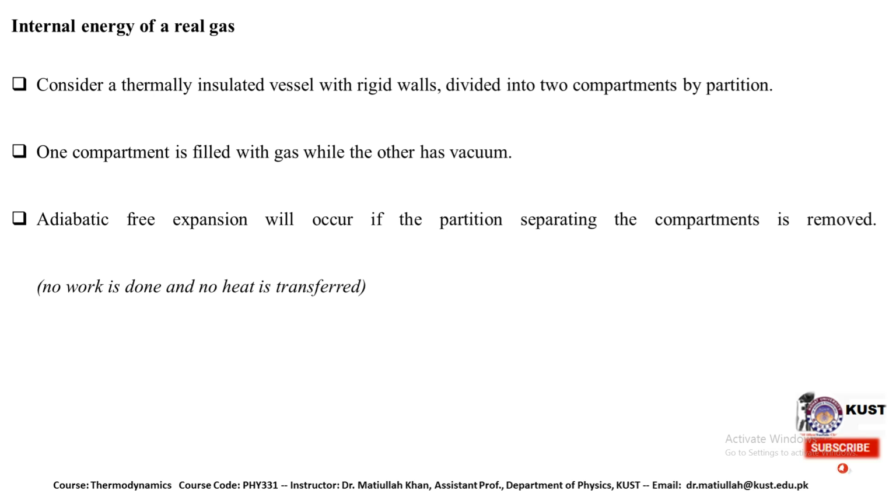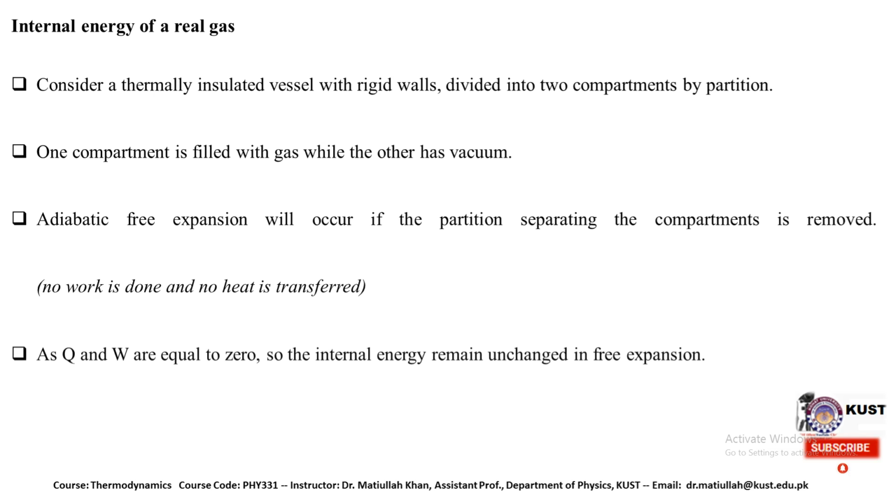So in this case, as a result of this adiabatic free expansion, by removing the partition in between the two compartments, no work is done and no heat is transferred. So the things become complicated whether there is decrease in temperature or not.